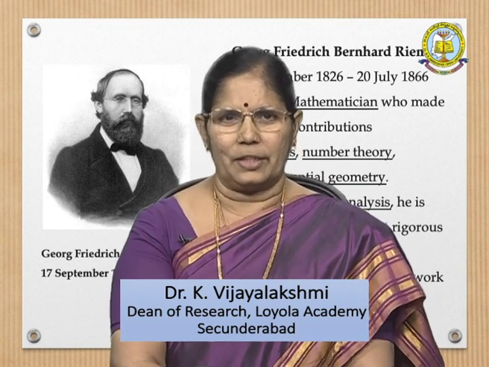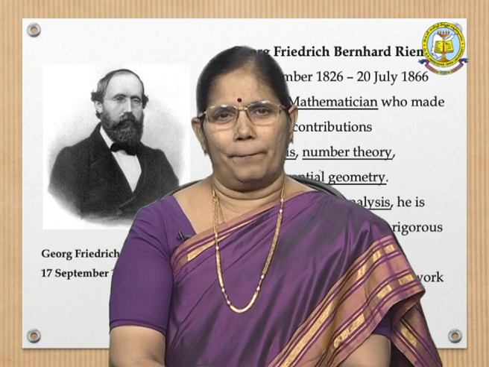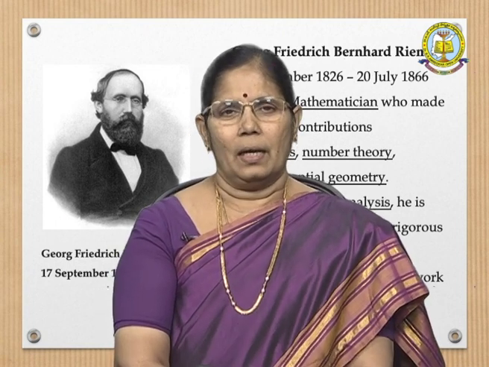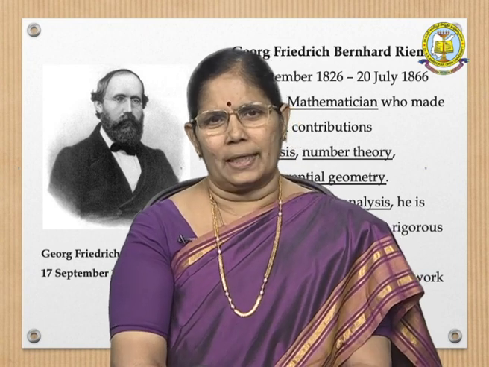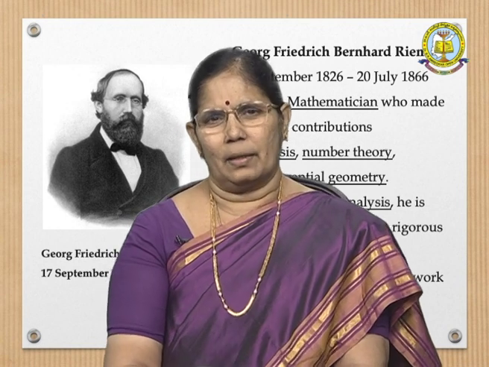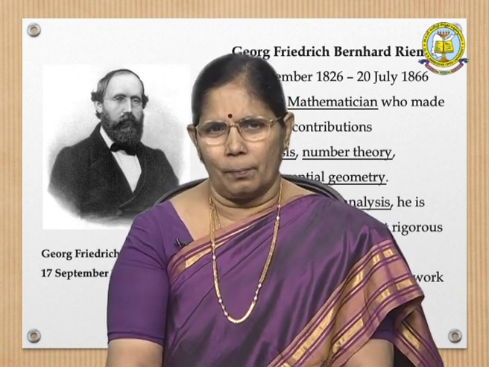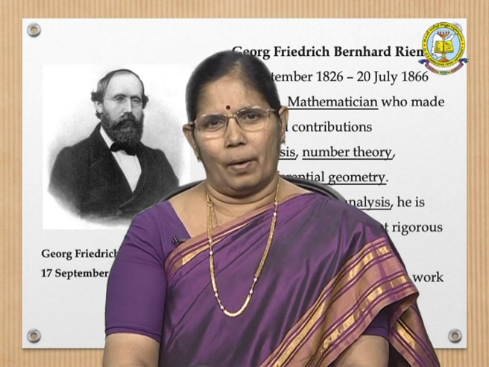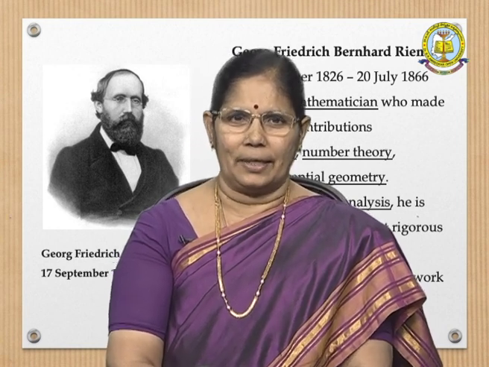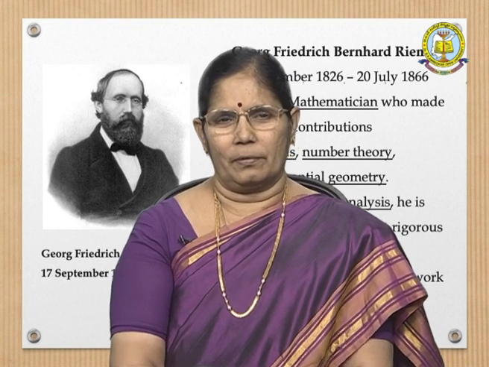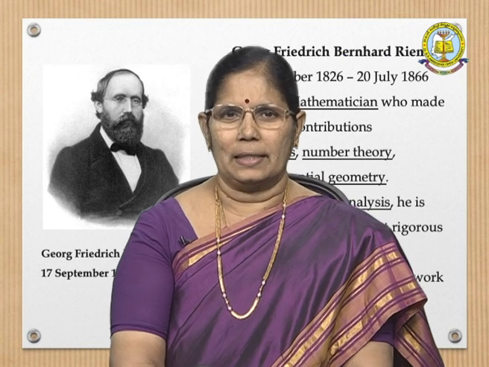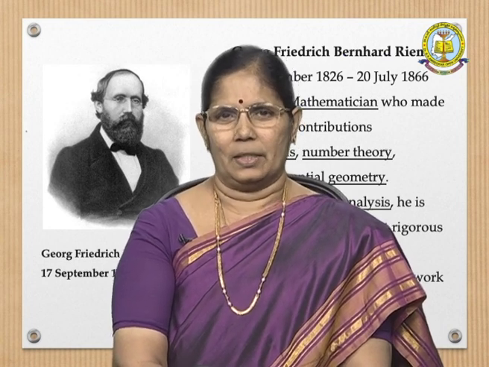We have defined the upper Darboux sum and lower Darboux sum, or Riemann sums, and we proved that the set of all lower Riemann sums LPF is bounded above and UPF is bounded below, and we derived the necessary and sufficient condition for a function to be Riemann integrable: UPF minus LPF is less than epsilon. Thank you.